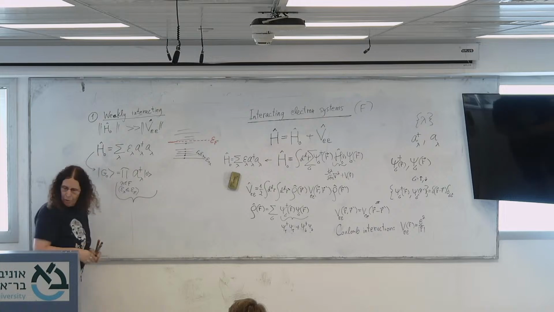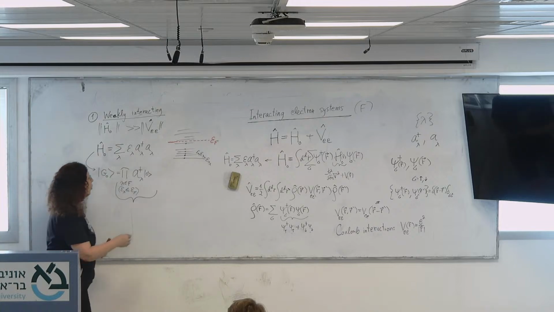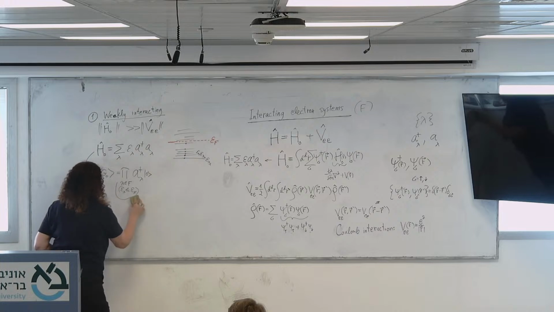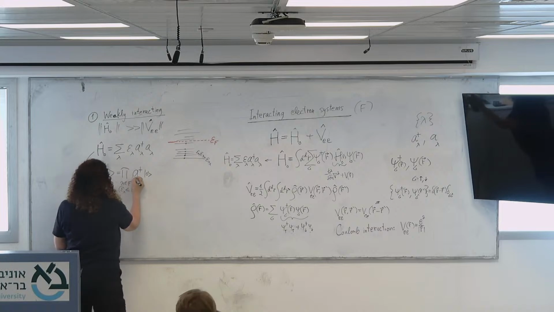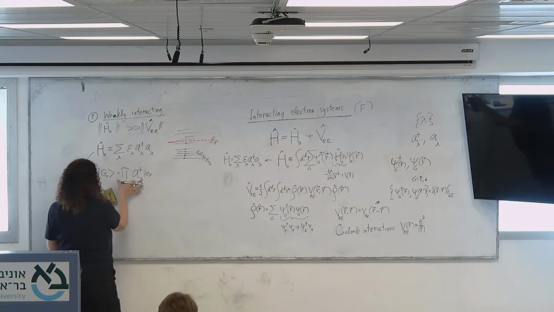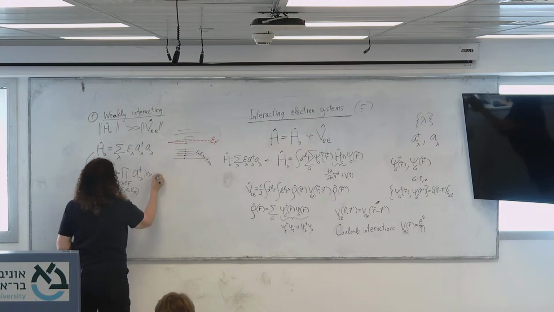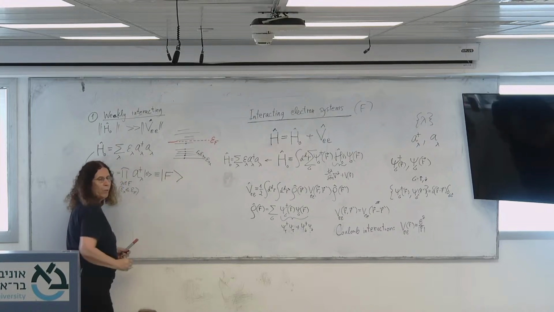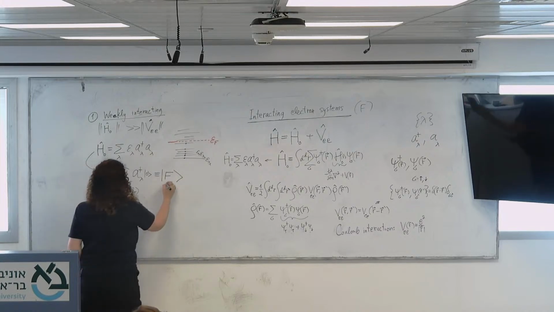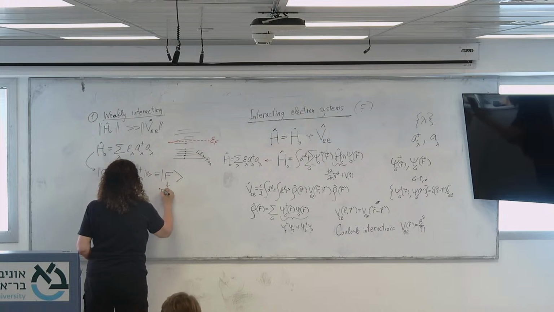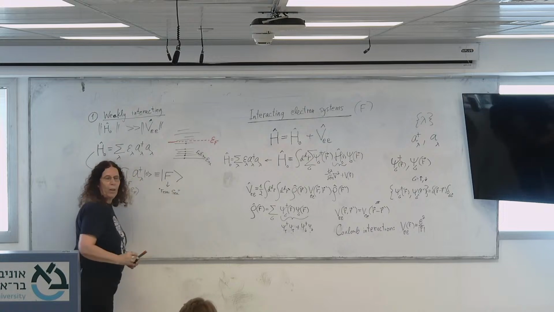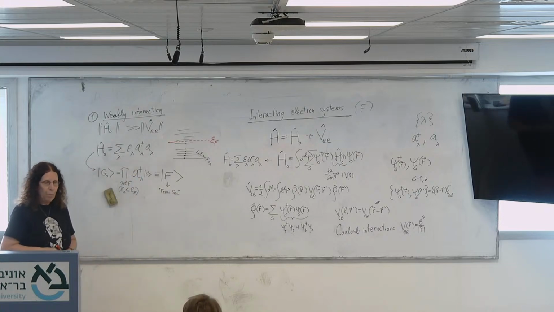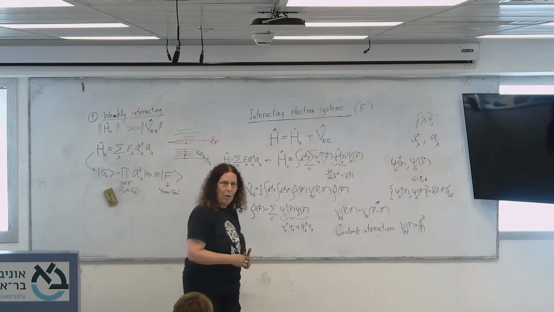But I want to introduce a convenient notation for a state like this, that is the ground state of non-interacting fermions. We will define it by the letter F, where F stands for Fermi sea. Why do I call it a Fermi sea?